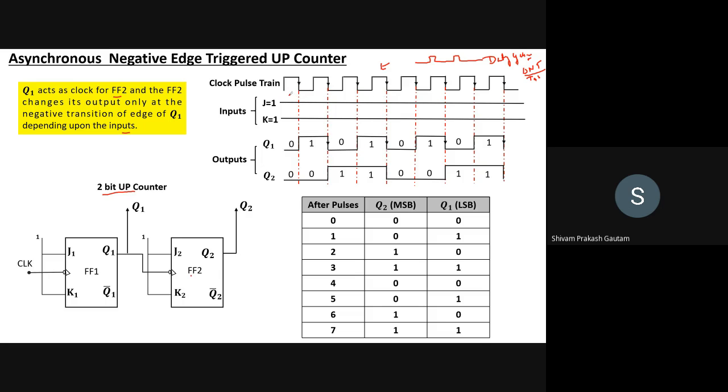So let us say this total time is T, and on time is, let us say, T by 2. Then here duty cycle will be T by 2 by T, that is 50%. So various duty cycles also you can have.